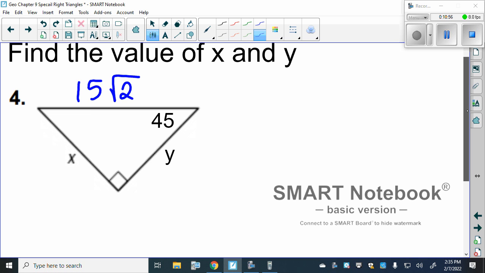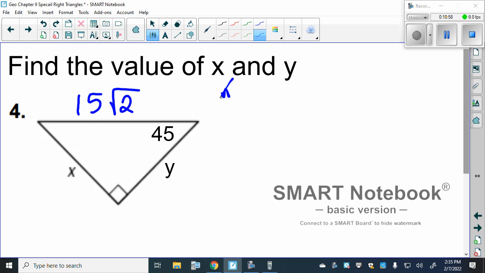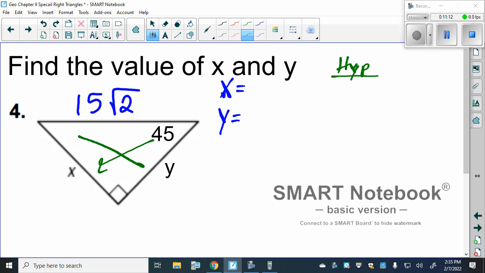So what can we say about this one here? Exactly. Because 45, 45, 90, and x and y are going to both be opposite the 45 degrees. And 15 square root of 2 is opposite the right angle, so that automatically makes it the hypotenuse.